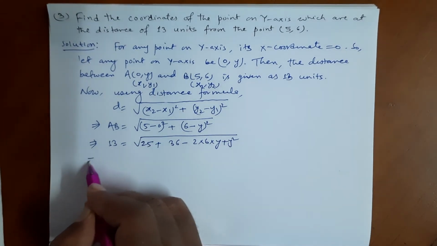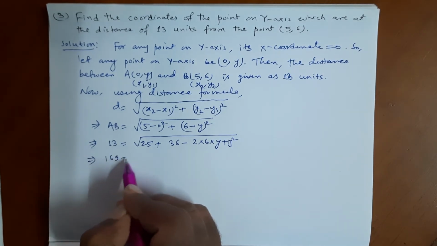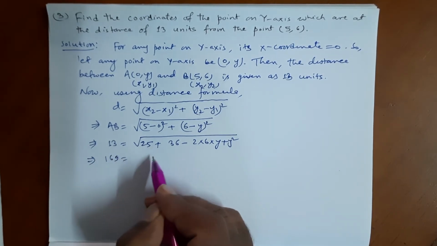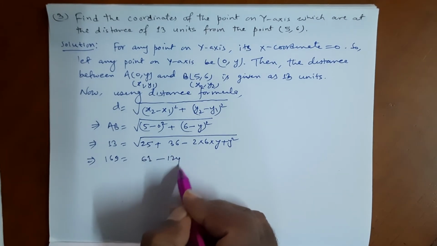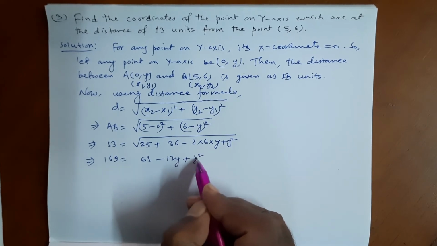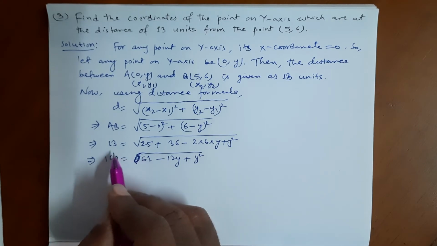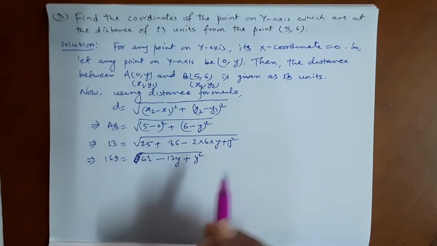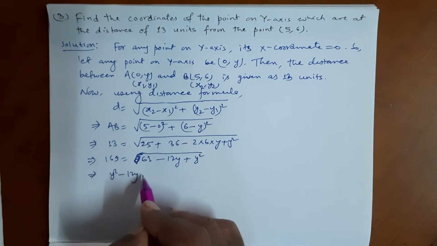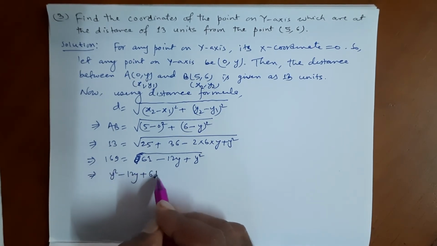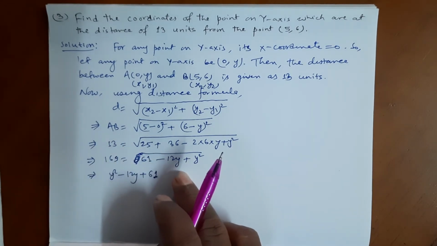And now squaring both sides, the root will be removed. This 13 times 13 will be 169 equals, while adding this, it will be 61 minus 12y plus y square. No root here because we have already squared both sides. So y square minus 12y plus 61, and 169 when it goes to the left becomes minus 169.